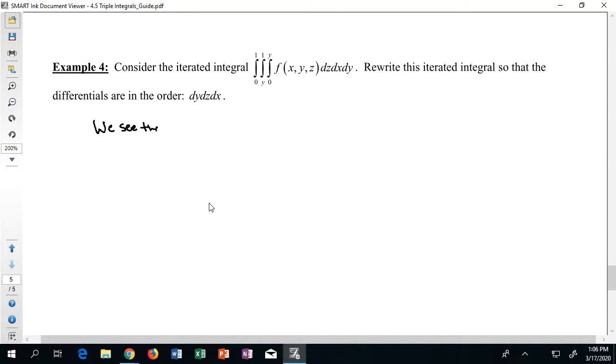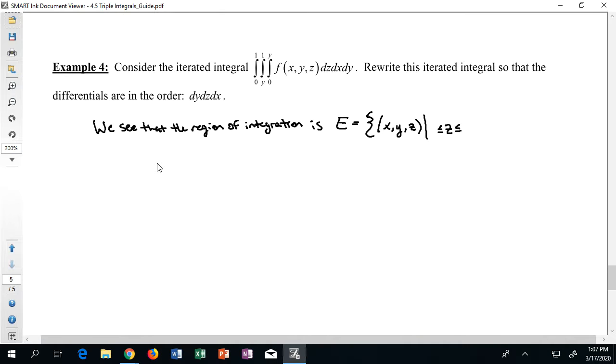We see that the region of integration, that is the solid that we're integrating over, is, well, that's our E, and that's a bunch of x, y, z coordinates. And I can see the bounds.